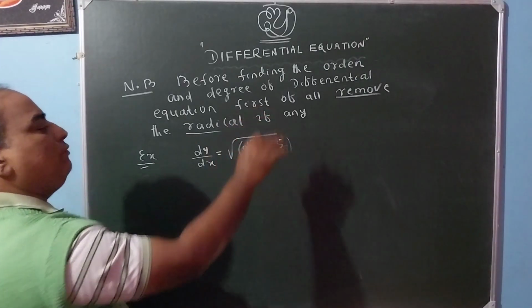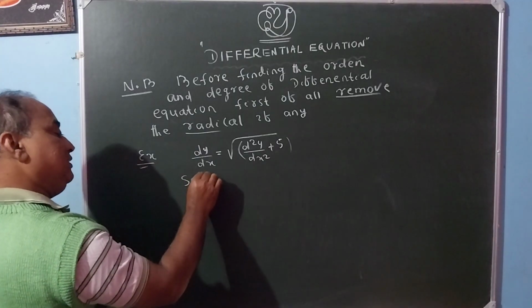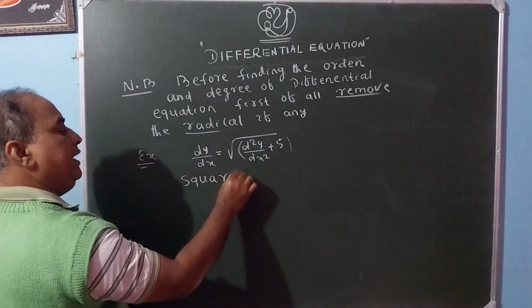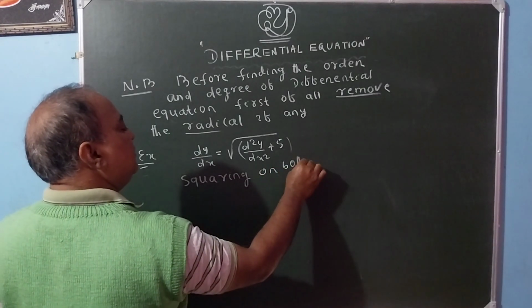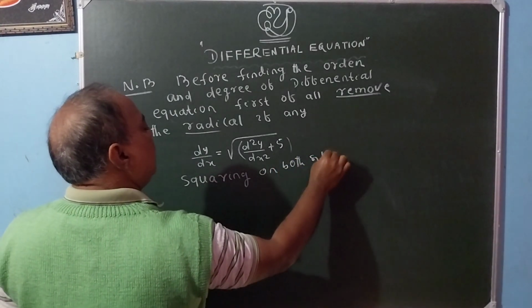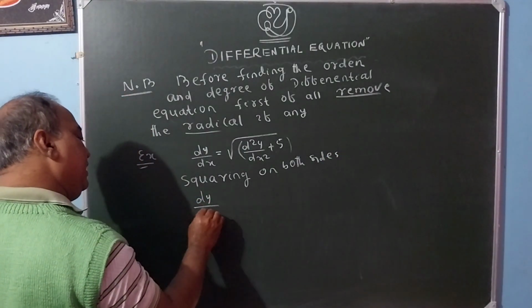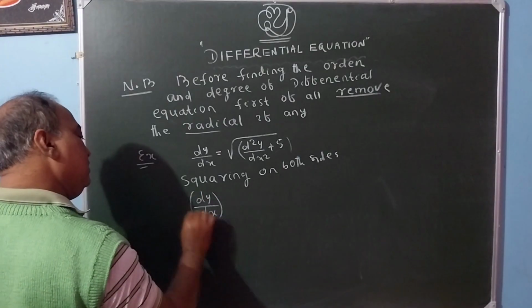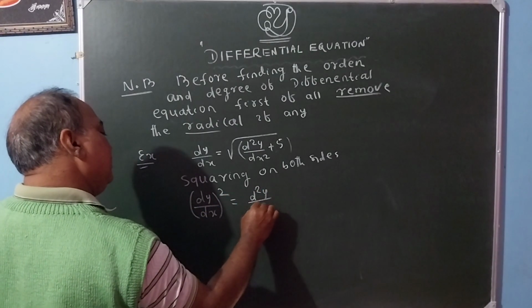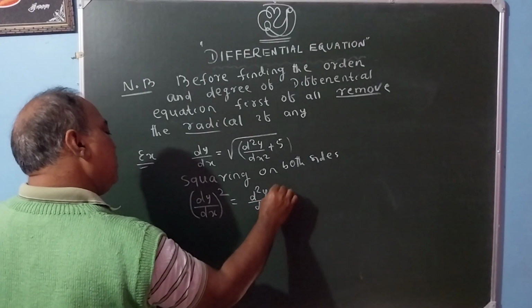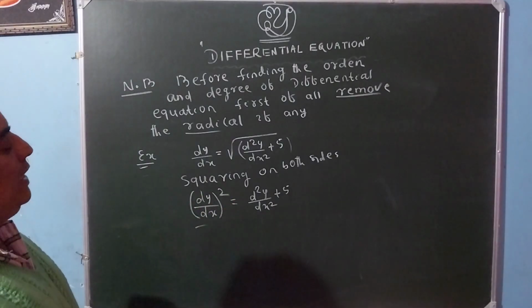So squaring on both sides, we get (dy/dx) whole square is equal to d square y/dx square plus 5. Okay, so it is free from radicals.